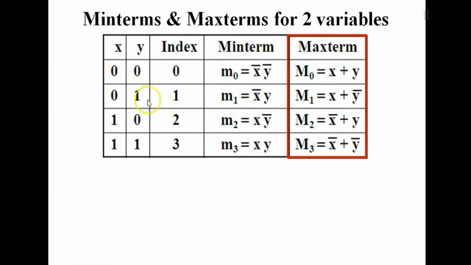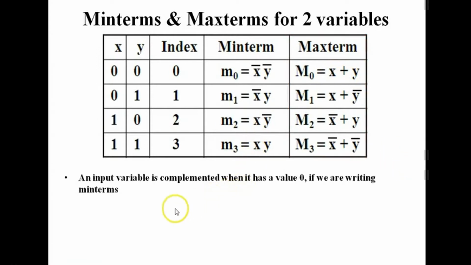So because the value of y is 1, you make it y bar. Similarly, when the value of x is 1, you make it x bar. So when x equal to 1 and y equal to 0, it is x bar plus y. When x equal to 1 and y equal to 1, it is x bar plus y bar. Similarly, when x equal to 0 and y equal to 0, you don't take the complement. You take the true form of that particular variable. So it becomes x plus y.